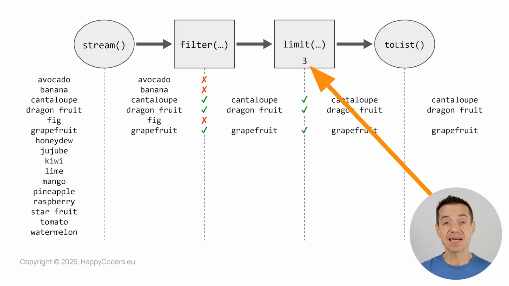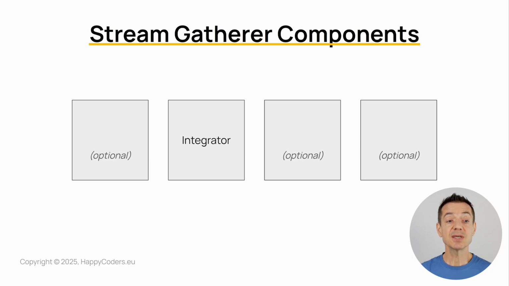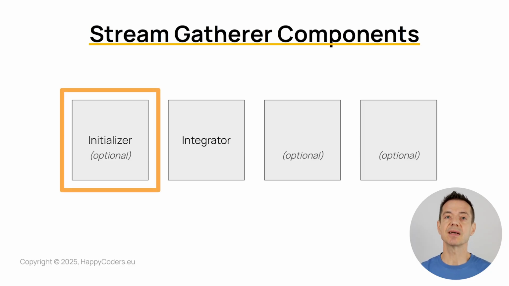And it's exactly for this counter that we need the state variable. The one I've been skipping over in the code so far because the map and filter operations don't need any state. But now for the limit operation, we do. And the state first needs to be initialized, and we do that in the initializer. And I'll show you how to do that in the IDE.